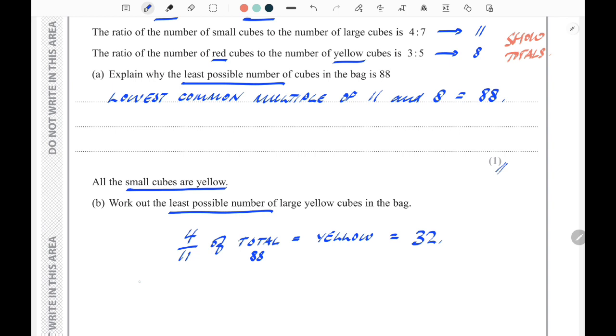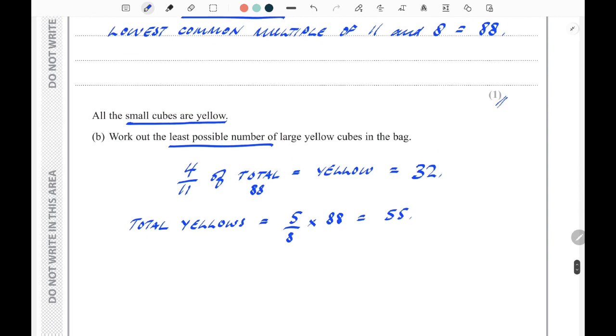But the total number of yellows equals 5/8 of the total. I'm looking at the ratios at the top of the question, just to avoid any confusion. 5/8 times 88 again equals 55. So the difference between the small yellows and the total number of yellows must be 23.